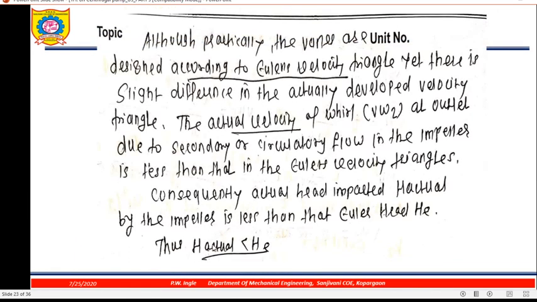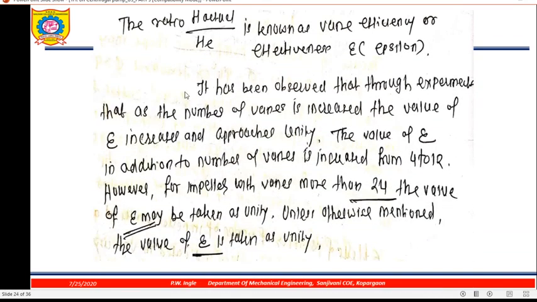These vanes are designed according to the Euler velocity angle. So the actual velocity at inlet and outlet, due to secondary circulating flow in the impeller, is less than that. This ratio is known as vane efficiency or effectiveness.